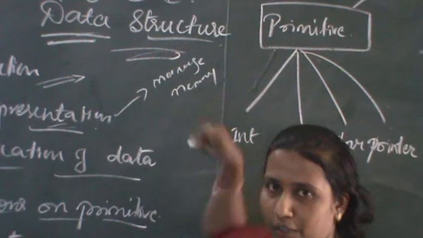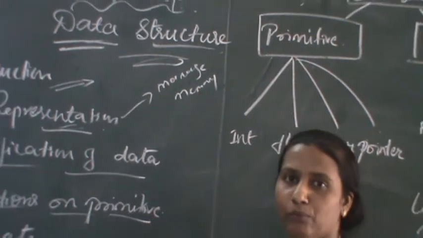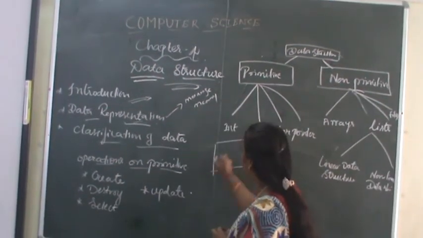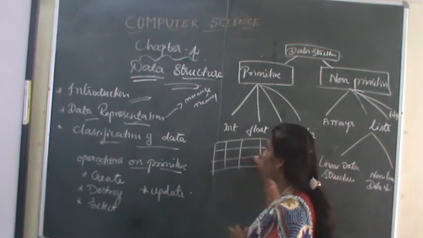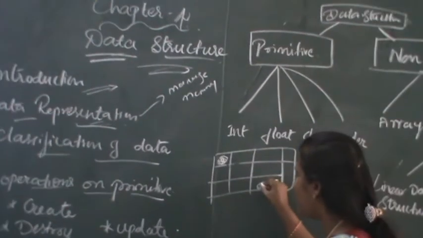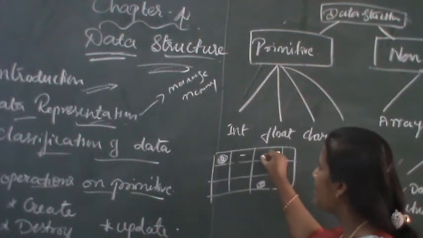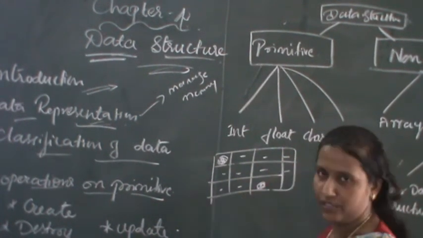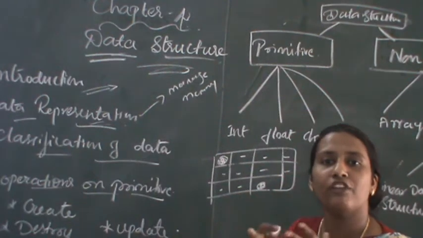In memory we have many blocks. Suppose one data is stored here and another data is stored there, then all the blocks in between will be left unused, so some of the memory will be wasted.